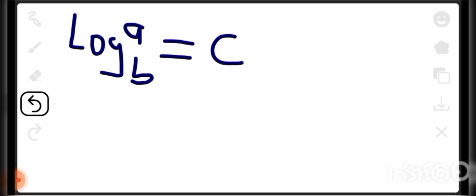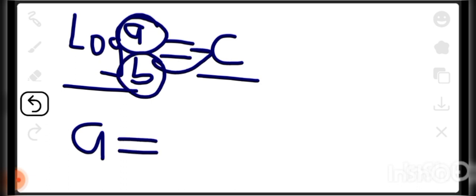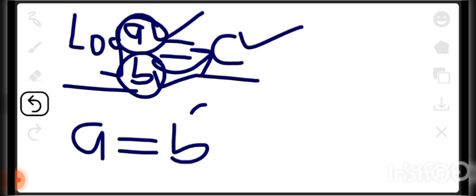to get the final answer in a particular logarithmic equation, we use the rule of antilog. And what is that? It states that if log A to base B is equal to C, therefore this A must be equal to the base raised to power the other side, which is C. So A must be equal to B raised to power C. Please take note of this rule, it's very important.